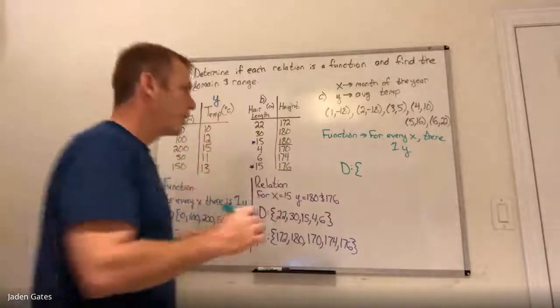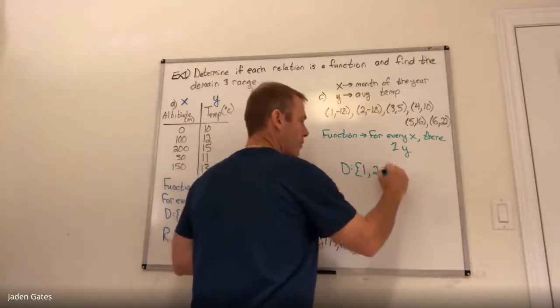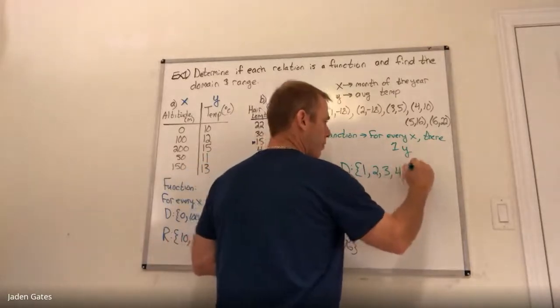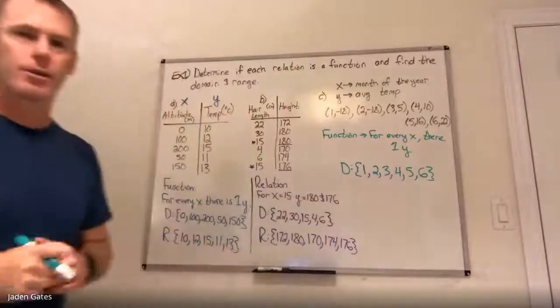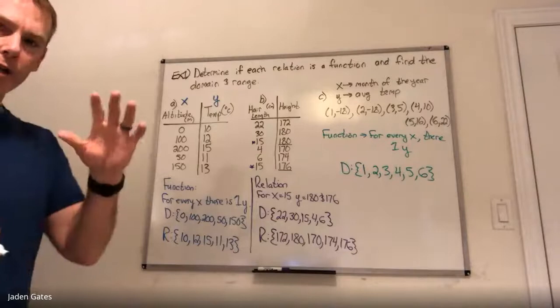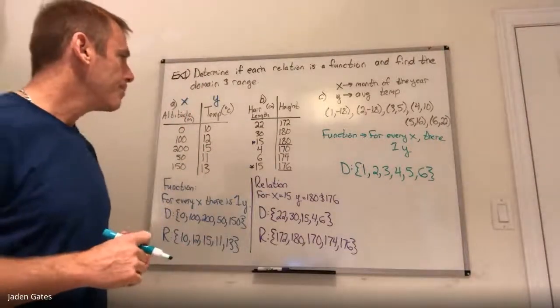That's not true. So the domain is number 1, number 2, number 3, number 4, number 5, and number 6. That is the domain. We're going to get to those kinds of examples with all the numbers. They're coming.